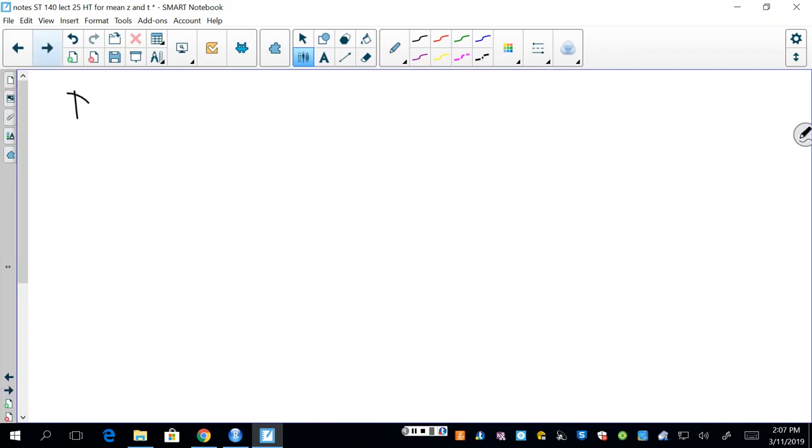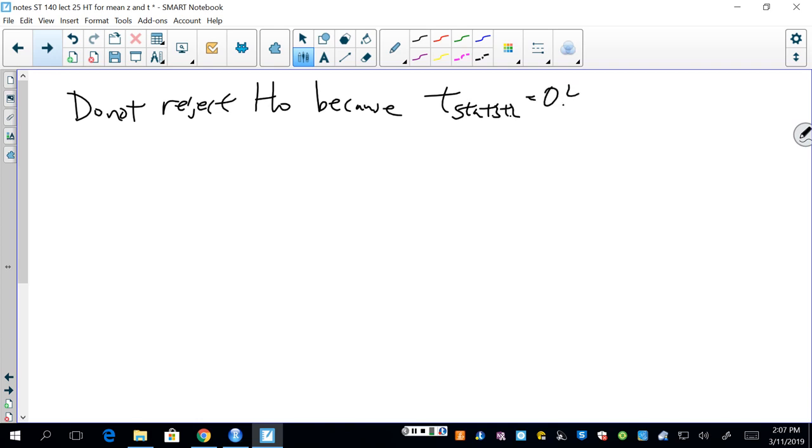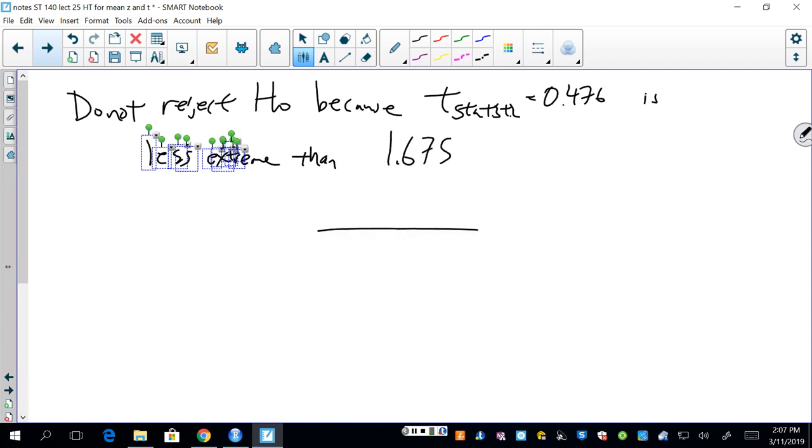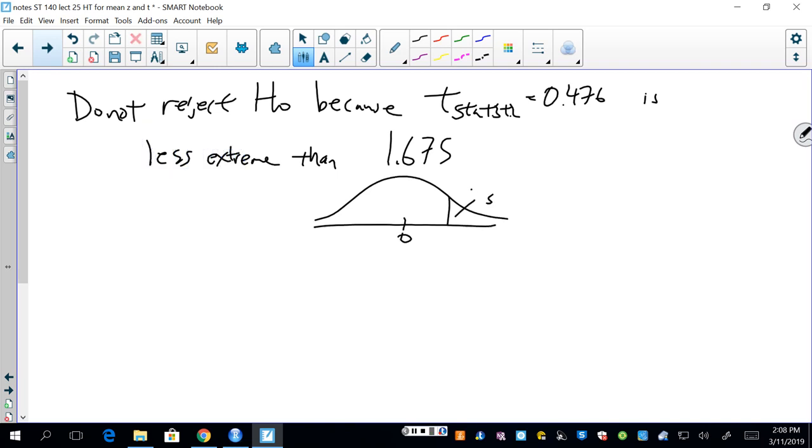So do not reject, because our t statistic is less extreme than the 1.675, and that 1.675 came from the t distribution with 52 degrees of freedom.